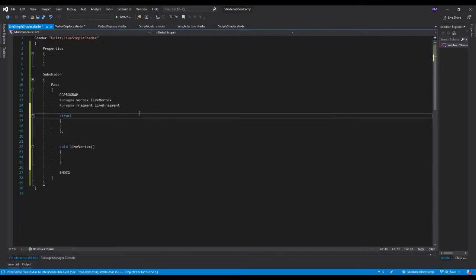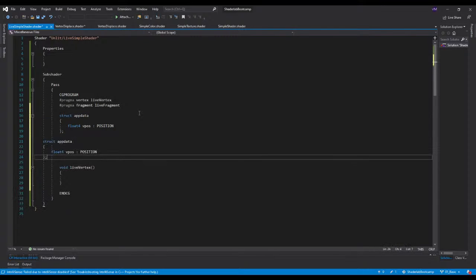Now in this particular structure, we need position. I'm just going to go very basic. The name of the structure is appdata. What we are getting as an input is a vector 4, basically a float4, which you can call anything, vpos, position. This is the input structure. Now I'm going to write the output structure because we have to save something.